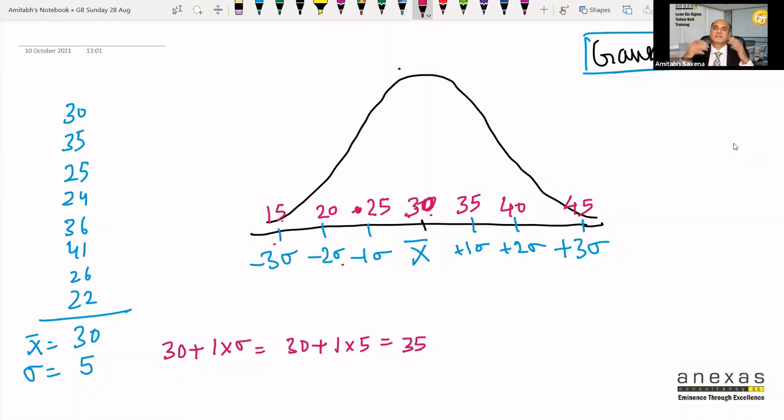Now, all these calculations, we don't have to do. We have got Excel sheets and the software which can do all these things for you. But you have to understand the concept. So if I plot waiting time, the time taken to generate a report, the medicine dispensing time, any process, think of any process, it will follow a normal distribution.